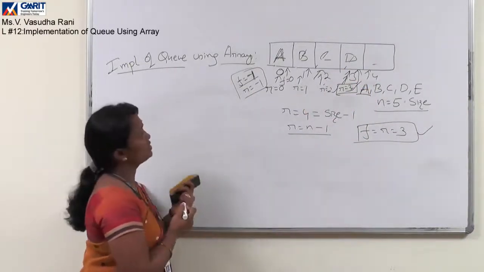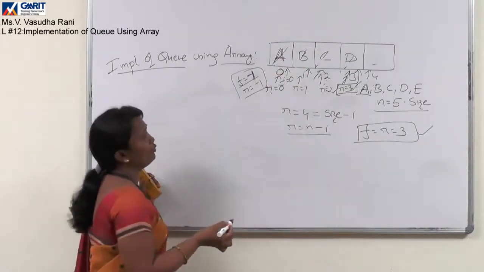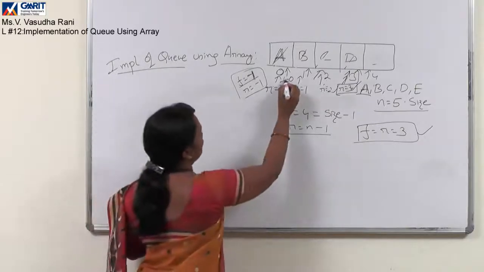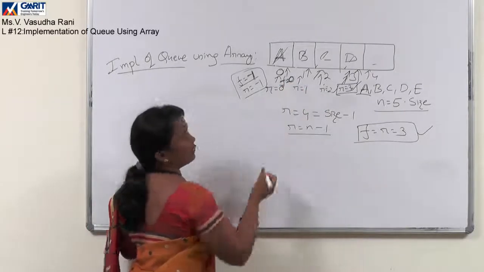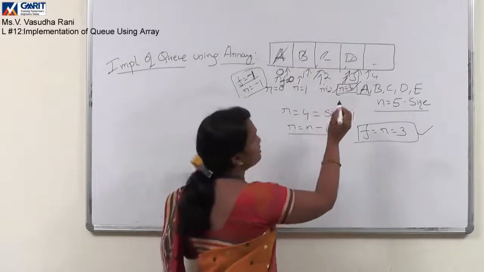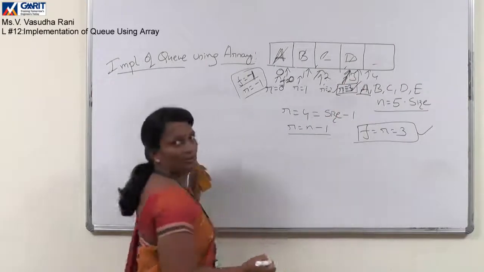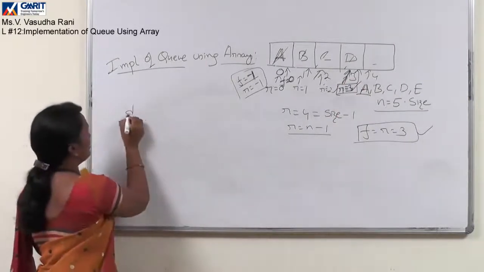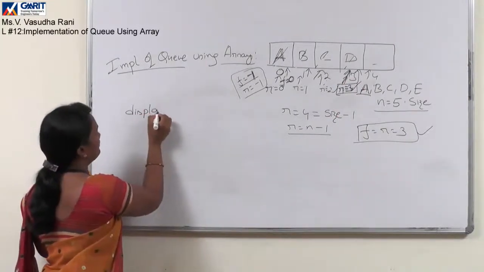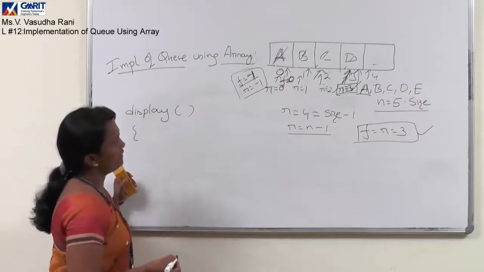Now consider the situation where the first element is removed from the list and our front is 0, and there are now 3 elements in the list, and our rear is referring to location 3. Okay, so now consider your display code for displaying the list of values.